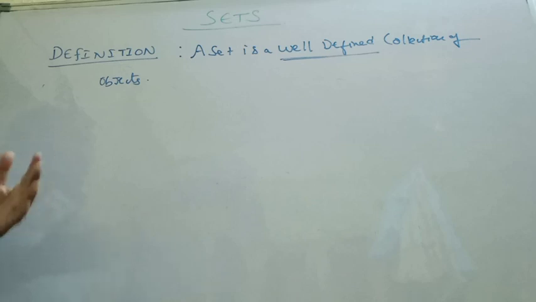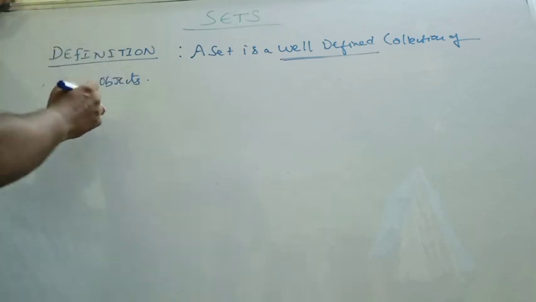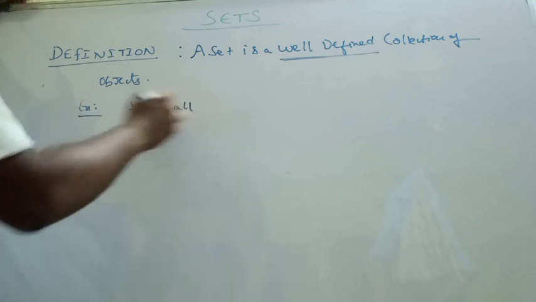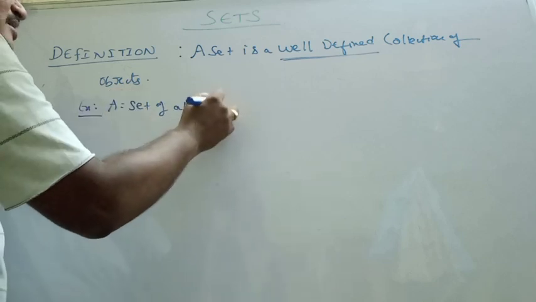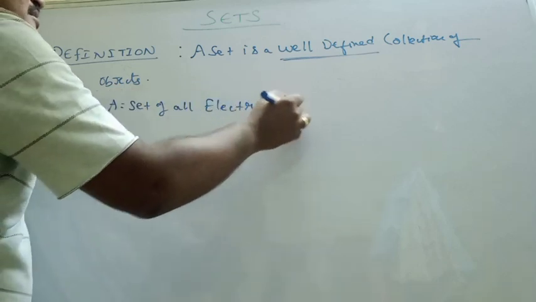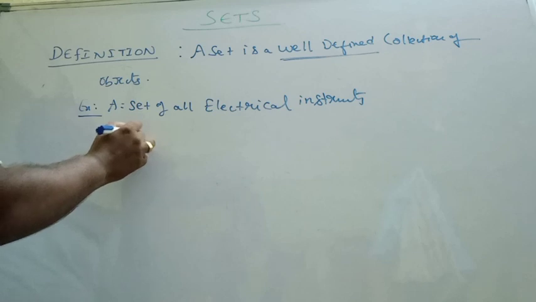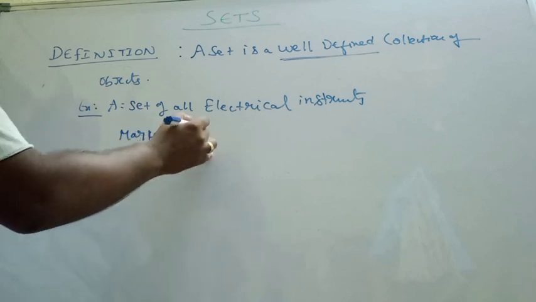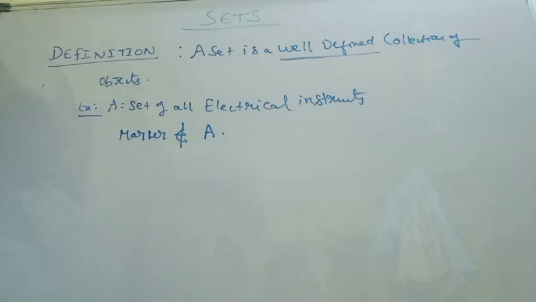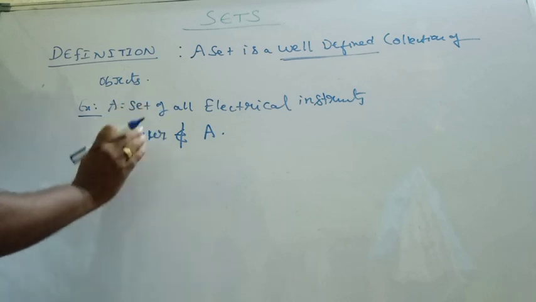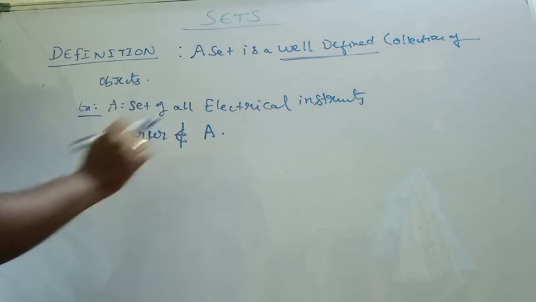So set A is equal to the set of all electrical instruments, where a marker does not belong to set A, because a marker is not an electrical device.